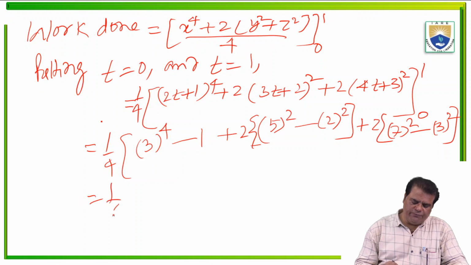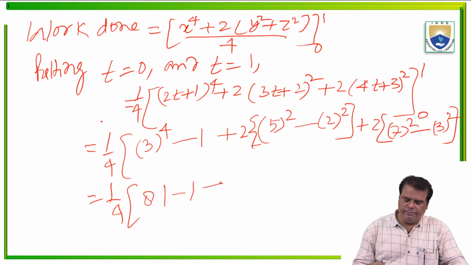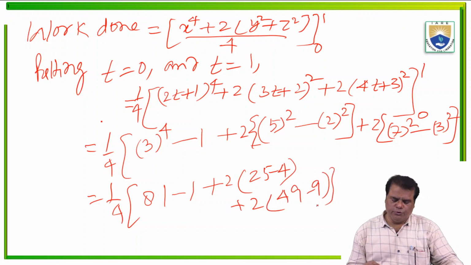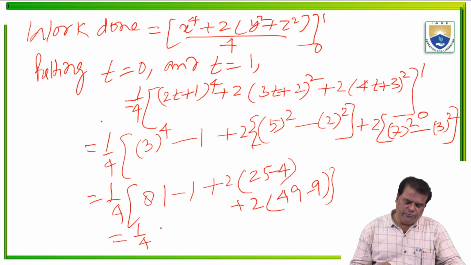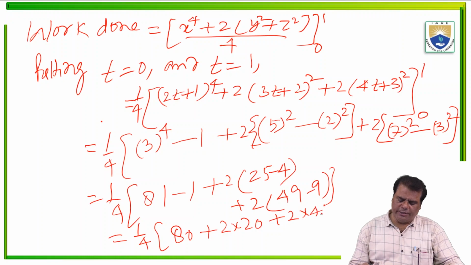So now 1 by 4: 3 to the power 4 is 81 minus 1 is 80, plus 625 minus 16, plus 2401 minus 81.